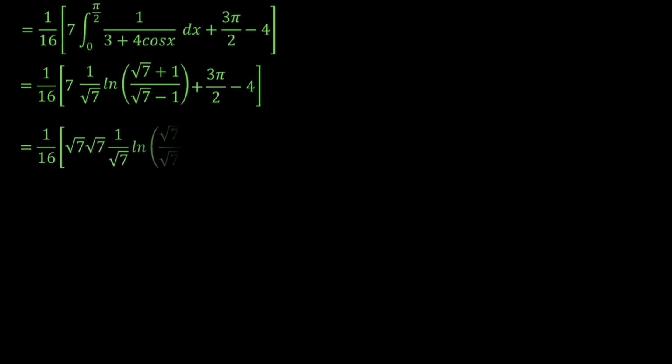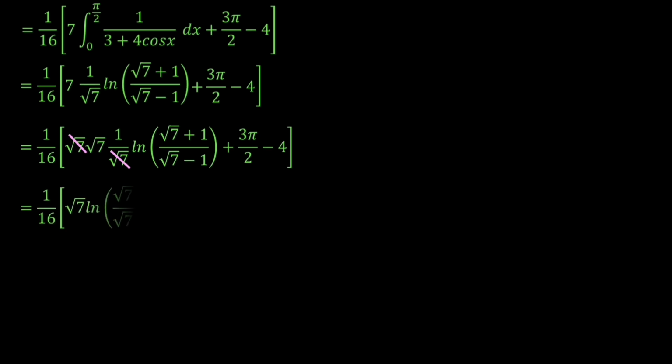After that we can cancel out the numerator root 7 and the denominator root 7. Now we have the final answer as 1 over 16 within brackets root 7 ln (root 7 plus 1) over (root 7 minus 1) plus 3 pi over 2 minus 4.